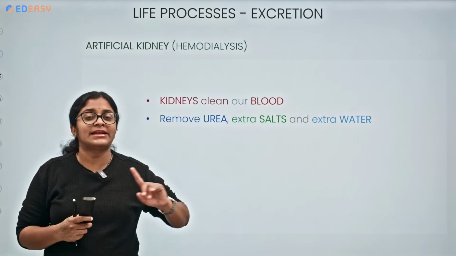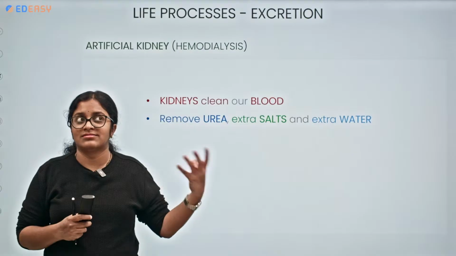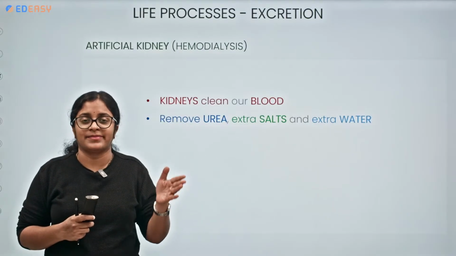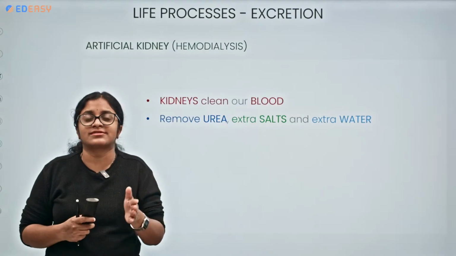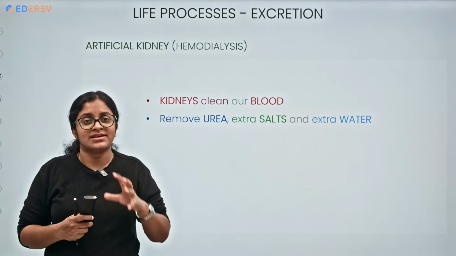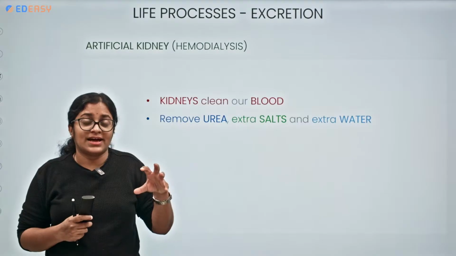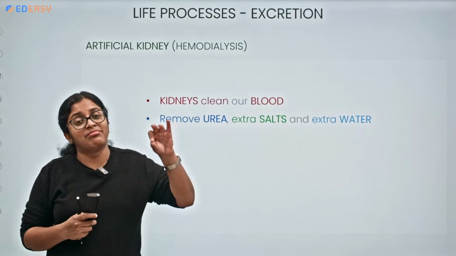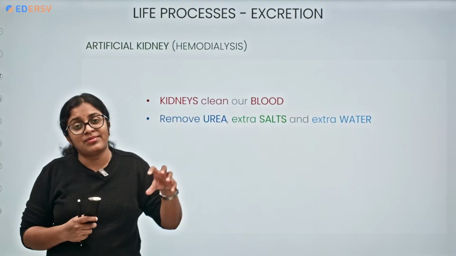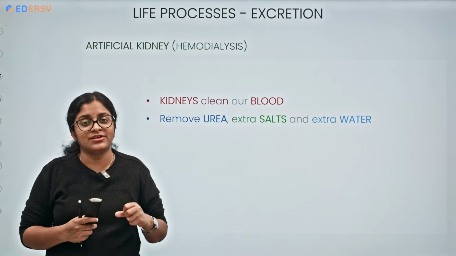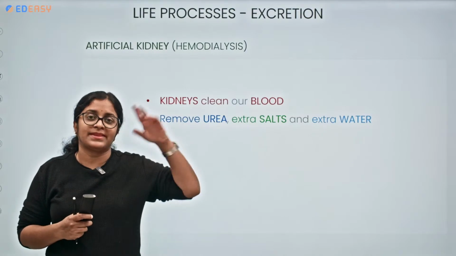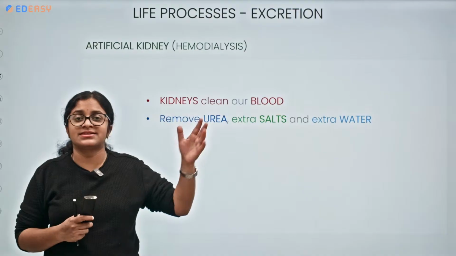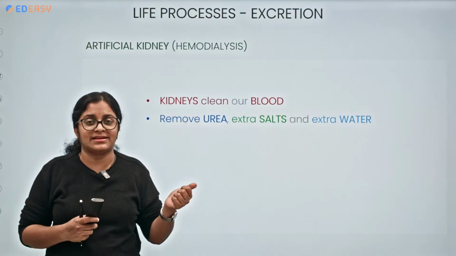Urea will not be excreted as a solid. It should be excreted as a liquid, because it creates toxicity if it is present in the solid form. And if urea is in the solid form, there are chances that it blocks the kidneys and blocks the elimination of the urine. Not only urea, there are various other nitrogenous substances that should be eliminated, right?